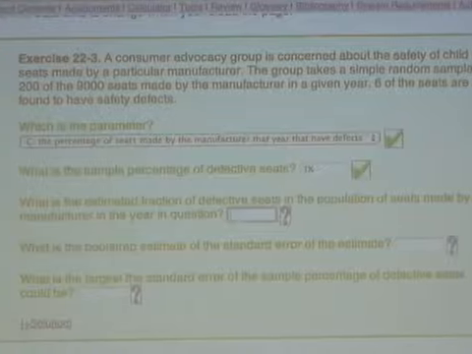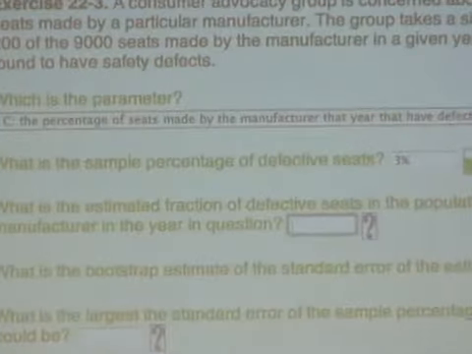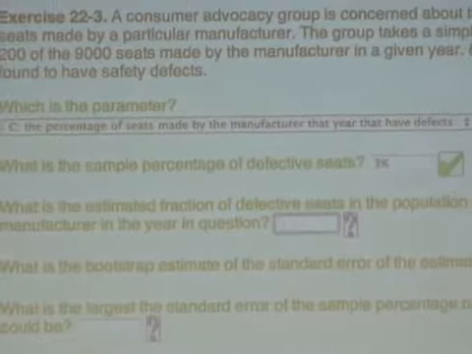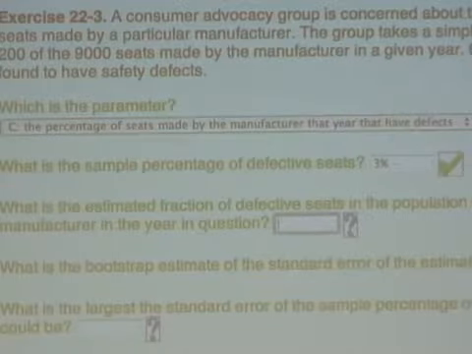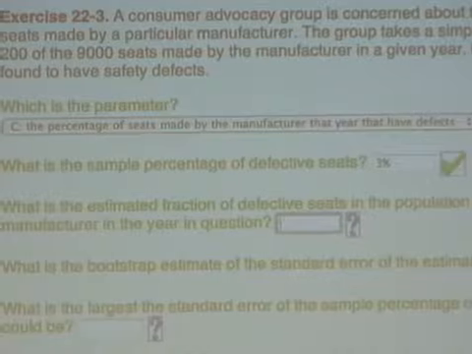This is not subtle. Not supposed to be subtle. We have the sample percentage. The sample percentage is a nice unbiased estimate of the population percentage. So why don't we use the sample percentage? 3%. How about 3%? Okay.